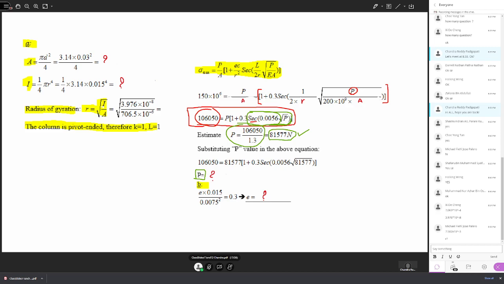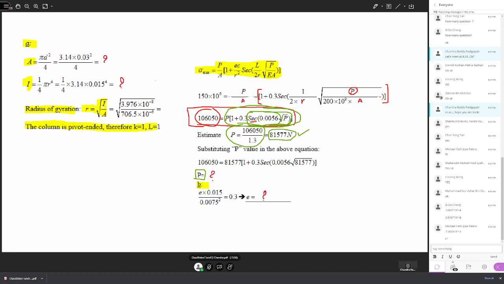So starting with an approximate value for P as 81577 newtons, you estimate this expression and compare with the right-hand side value.